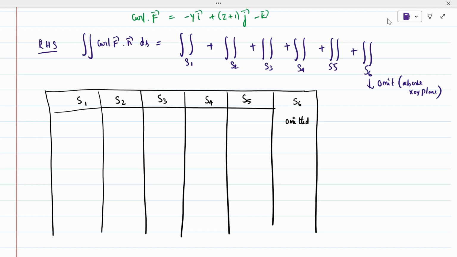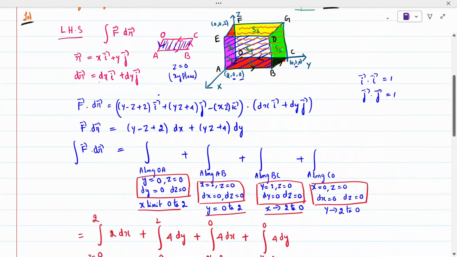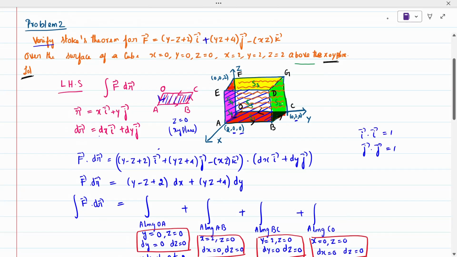The last surface, this shape O, A, B, C, I'm going to omit. The reason, you check in the diagram, is that it is below the xy plane. The arrangement can be anything; only this one I'm going to omit. All other surfaces I'm going to consider.